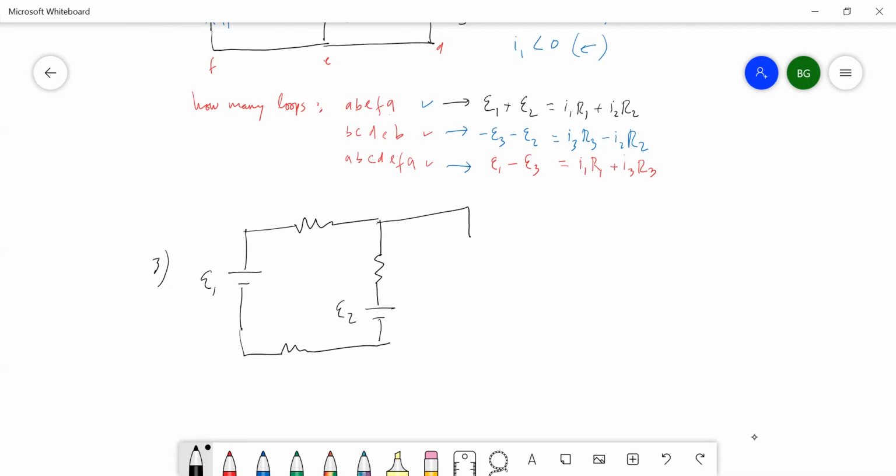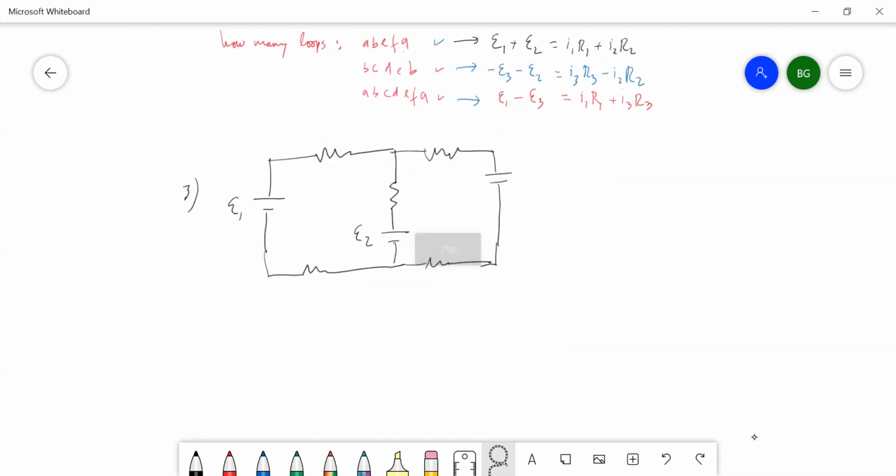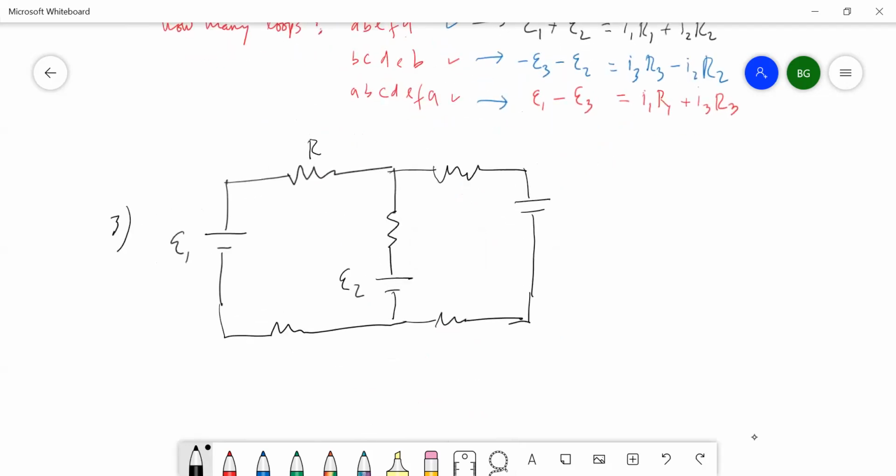This is R1. And this is R2. This is point A. This is point B.